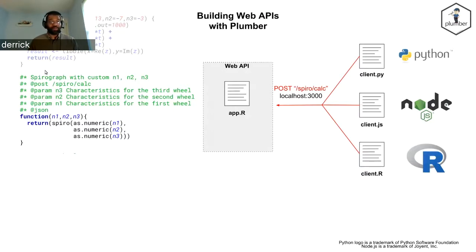So we've described our endpoint using some annotations on top of a function. We said if we get a special type of message called a post request to this URL, then we should run this function. And we're expecting that message to have inside of it 3 pieces of data, one for each of our inputs.